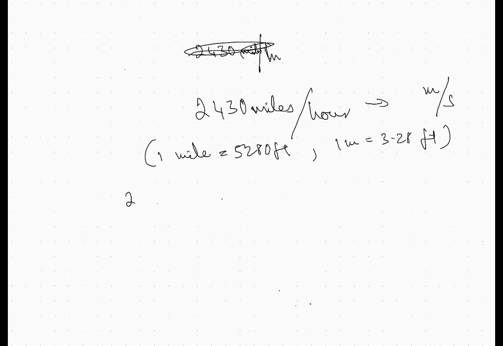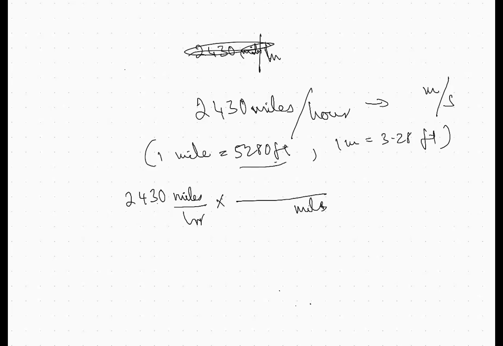I write it like that so that it's clear. Then in order to get rid of miles, we keep the hour as it stands for now, and then go to feet, because we can't directly go to meters. We are given feet, so I put feet and then 1 mile, 5280.